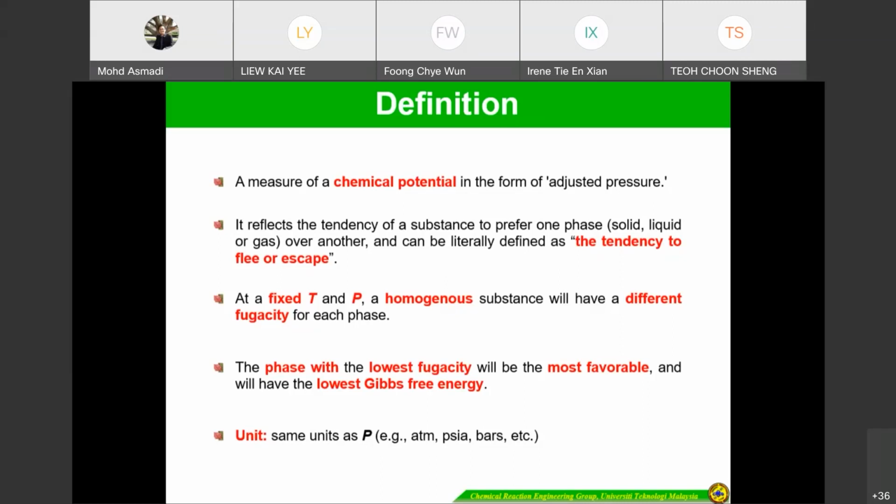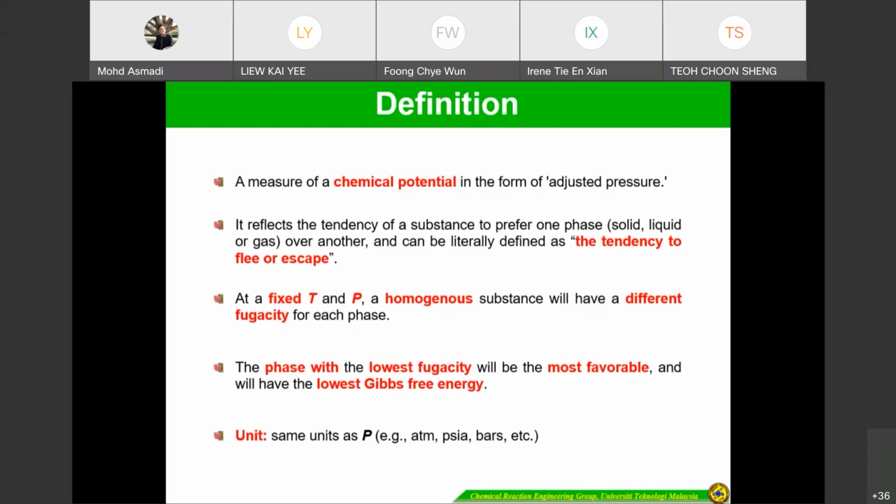So generally we want to know the difference between the chemical potential of interest, maybe in the gas phase, mu i, and the chemical potential of the pure substance at a particular temperature and the pressure of 1 bar.